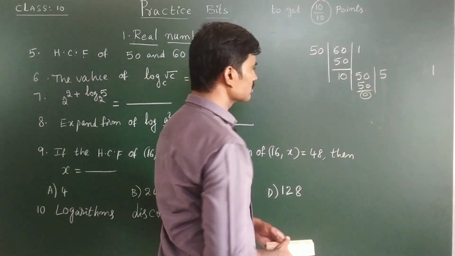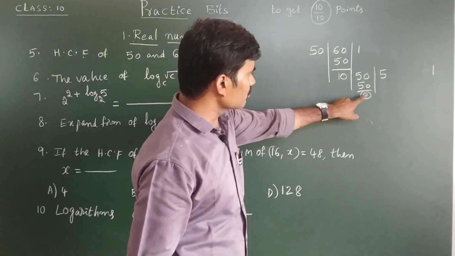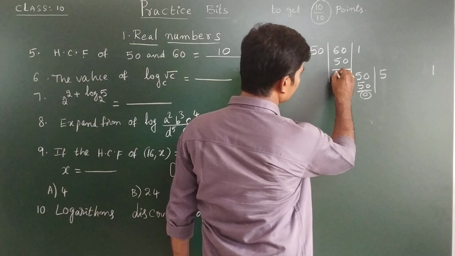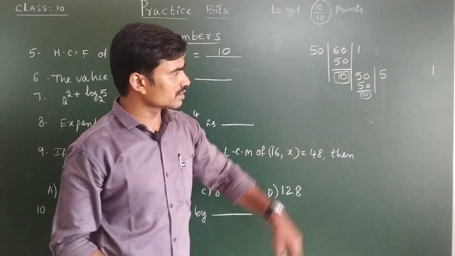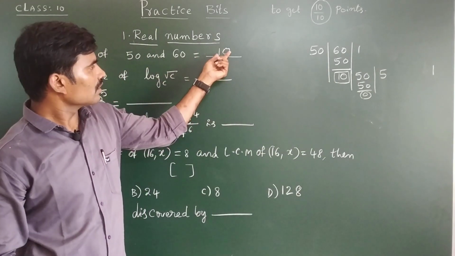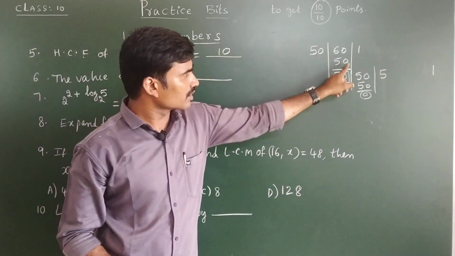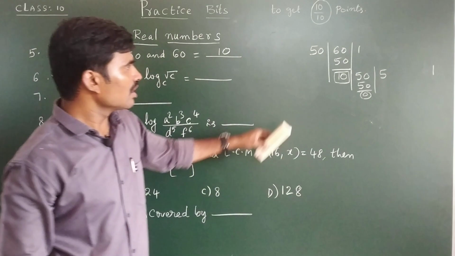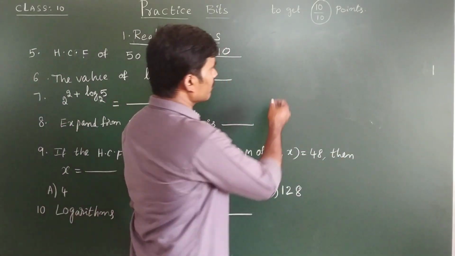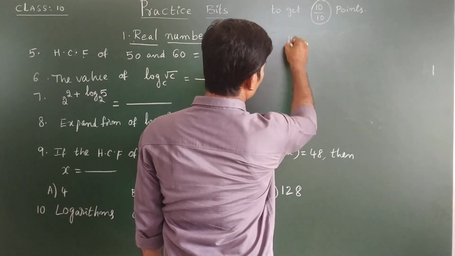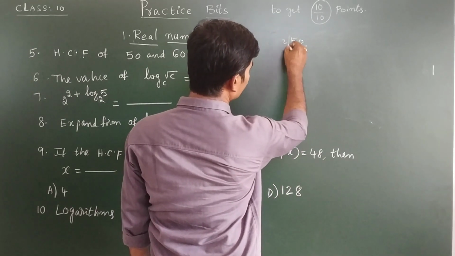So the previous divisor before the remainder 0 is called HCF of the division. So by using this division method, we can get the HCF of 50 and 60 is 10. And we can do prime factorization method also. 50 prime factorization method. 50, 2 table, 25 times.